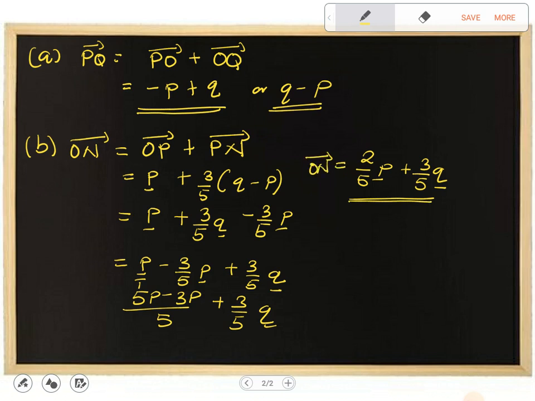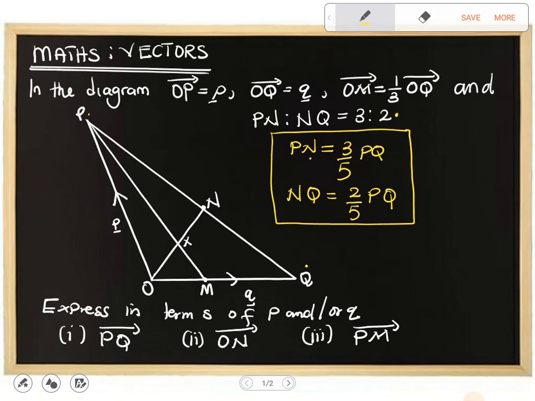This is why I said interpret the ratio first, because you need it somewhere.